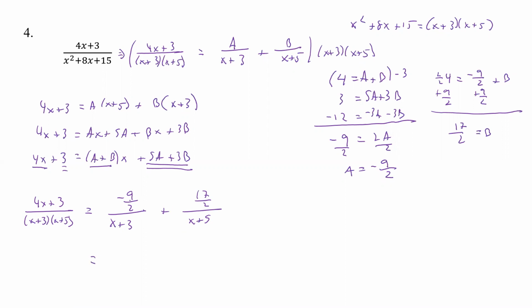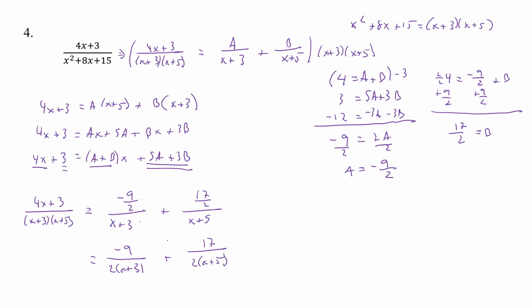And so really what's going to happen is we're just going to drop that 2 to the denominator, drop that 2 to the denominator, because if we want to get rid of this, we're going to multiply by 1 over the reciprocal, and that puts that (x + 3) in the denominator here. So that gives us -9 over 2(x + 3) plus 17 over 2(x + 5).